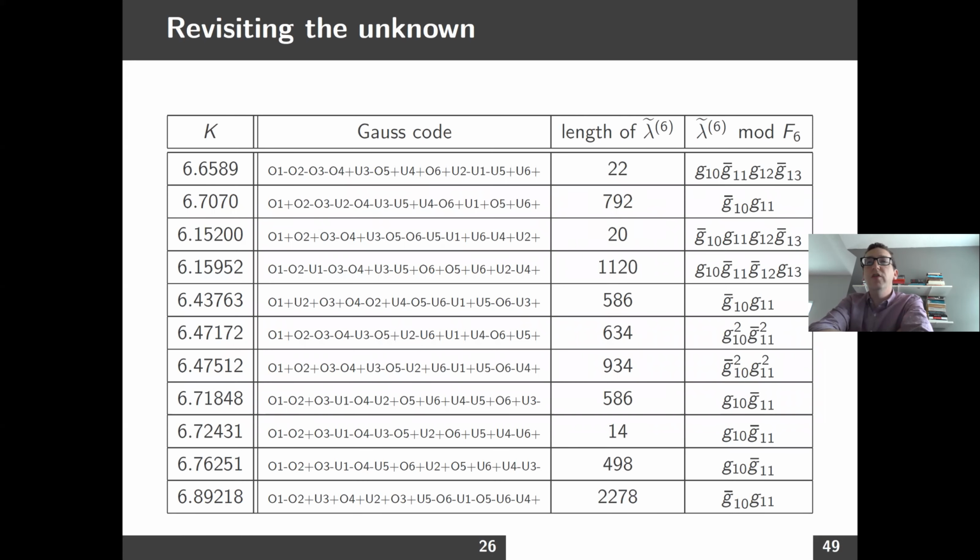Okay, so let's go back and look at some of those knots that were on the unknown list. They're listed here on the left-hand side with their Gauss codes. I'm not going to write out their longitudes because even when they're reduced, some of them can be quite long. So for example, you see one there that has a longitude length 1120. Some of them are shorter than others, and you can actually do the calculations by hand, but we've done this with a computer.